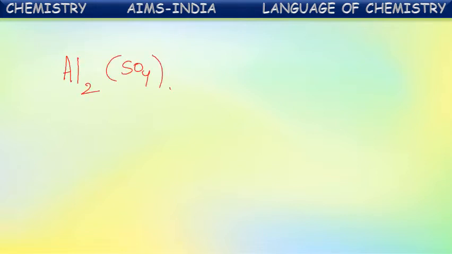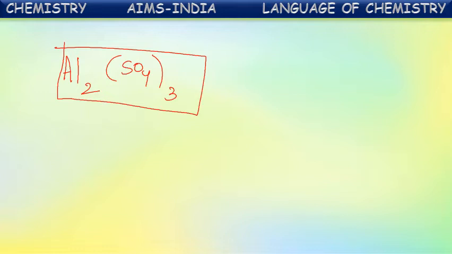I'll explain again, Al2(SO4)3, taken thrice. This is the compound, or the chemical formula. Before it, nothing is there, which means one molecule of aluminium sulfate.